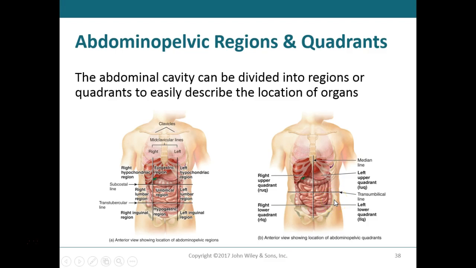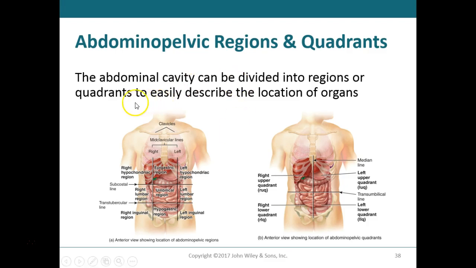Now remember, you are facing this person, so their right is going to be on your left. When you're doing things with correct anatomical position, if you're ever wondering about right or left, simply put yourself in the same position as what you're looking at, and then it makes it a little easier to understand.